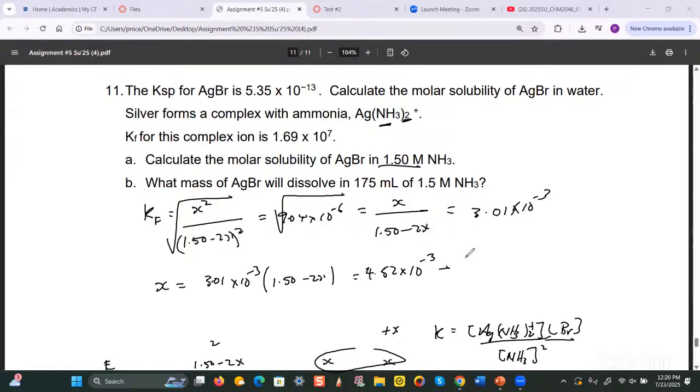So that gives 6.02 times 10 to the minus 3 x. All right. So remember, the aim is to solve for x.